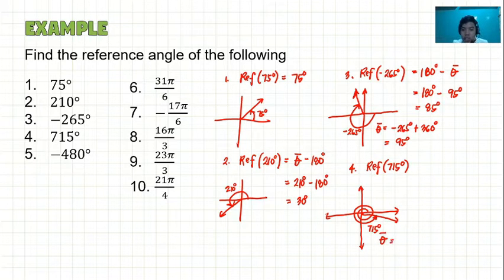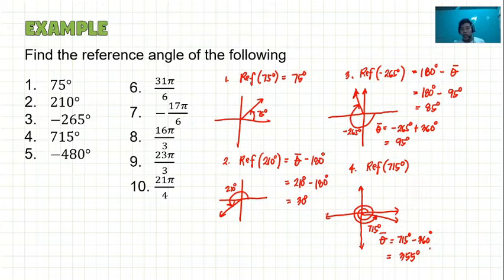Okay, so 715 degrees is more than one revolution. Therefore, we will just subtract one revolution to this angle to find the coterminal angle between 0 to 360 degrees. So we will now have 715 degrees minus 360 degrees, and that is equal to 355 degrees. Okay?